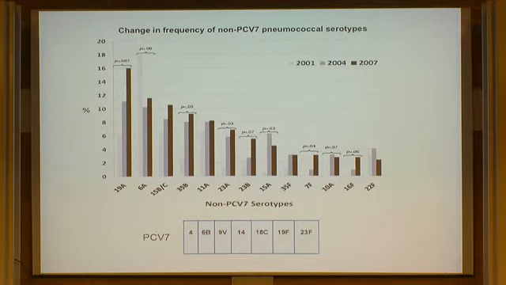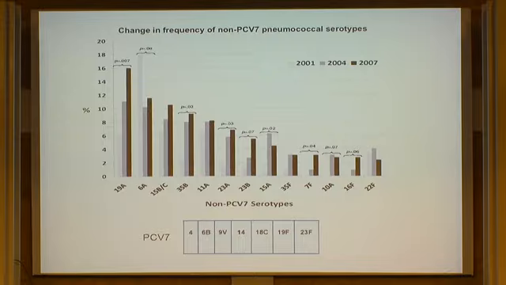Since the widespread use of this PCV7 vaccine, we've observed a growth in the frequency of non-vaccine serotypes, so for example, 19A has increased in frequency, which of course can be placed within the context of the very simple model that I presented, by assuming there is some degree of cross-protection between the serotypes.